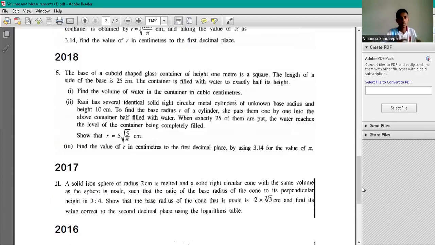The base of a cuboid shaped glass container of height 1 meter is a square. The length of the side of the base is 25 centimeters. The container is filled with water to exactly half its height. Find the volume of water in the container in cubic centimeters.